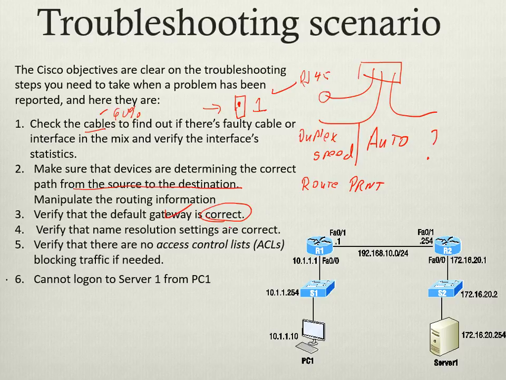Verify the name resolution settings are correct, DNS. One of the ways to check that: if I can ping the IP, but not the name, the FQDN, fully qualified domain name, then I have a DNS problem. That's a quick way to prove that.